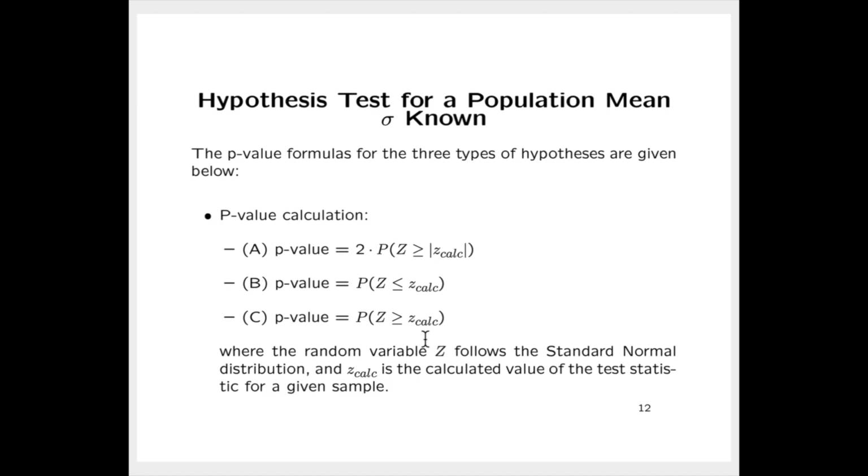Now, one thing I want to point out, in the formula for the two-tailed test in formula A here, notice that we're taking the absolute value of z-calc, but we're not taking the absolute value in the formulas for the p-value for the left-tailed test nor for the right-tailed test. It's only for that two-tailed test where we take the absolute value of z-calc. And again, as indicated down here in the text below, capital Z here represents the standard normal random variable, and z-calc is the calculated value of the test statistic for a given sample.